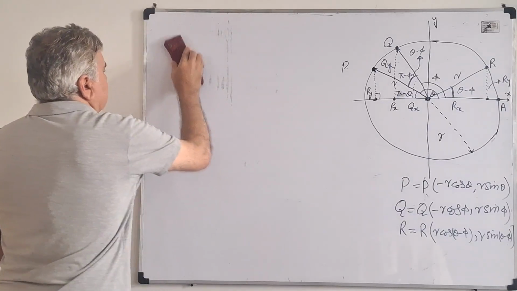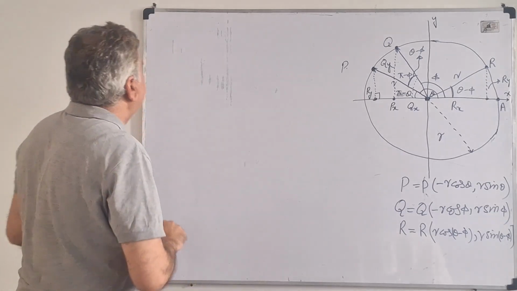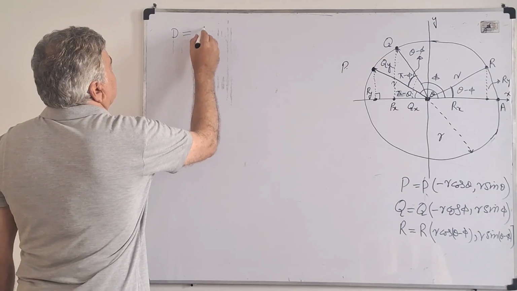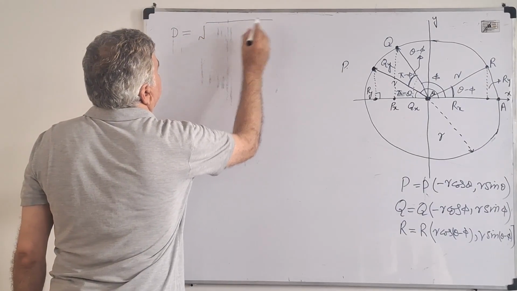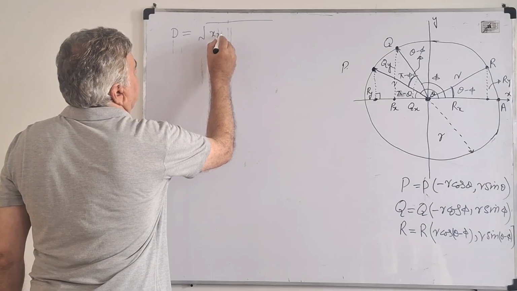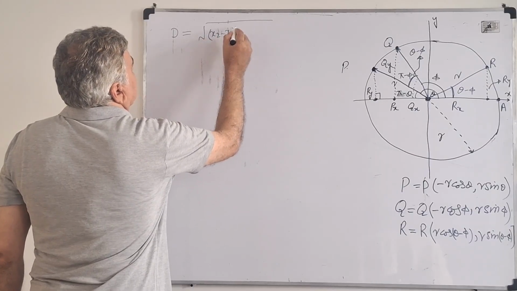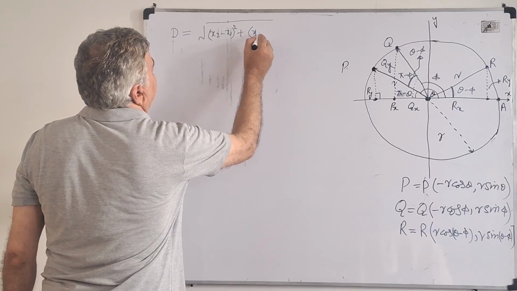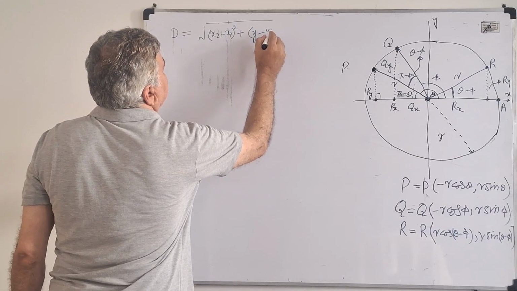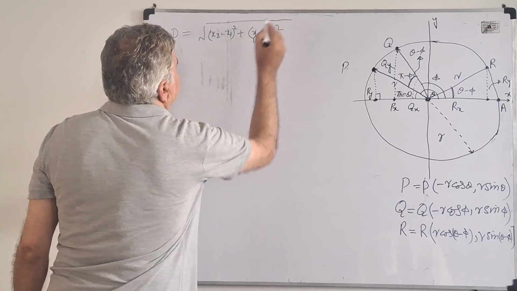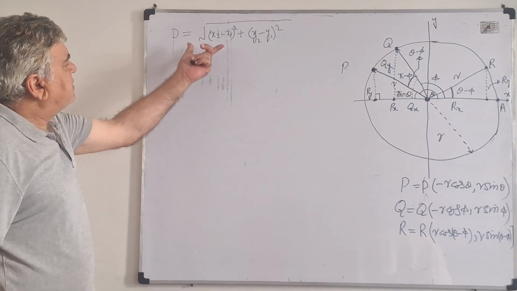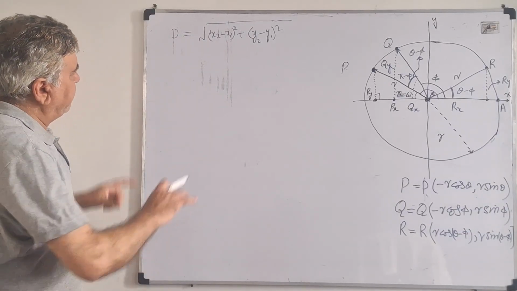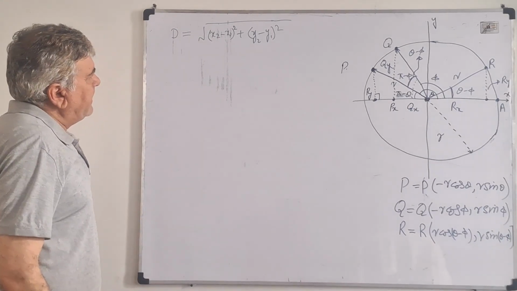And now the general formula for the distance between any two points is the square root of the difference between coordinates along the x-axis squared plus the square of the difference between the coordinates along the y-axis. That's what we know from the distance formula.